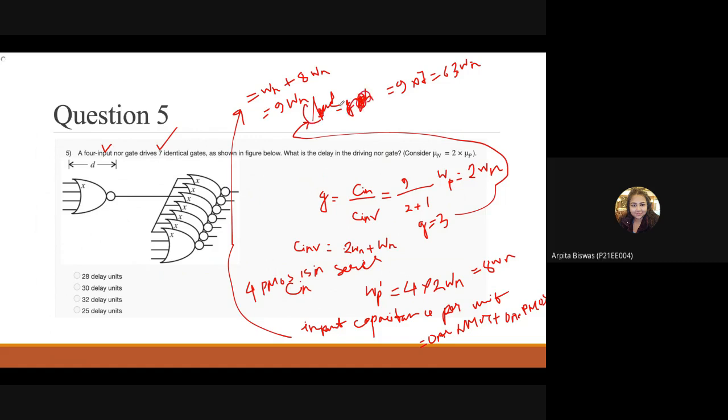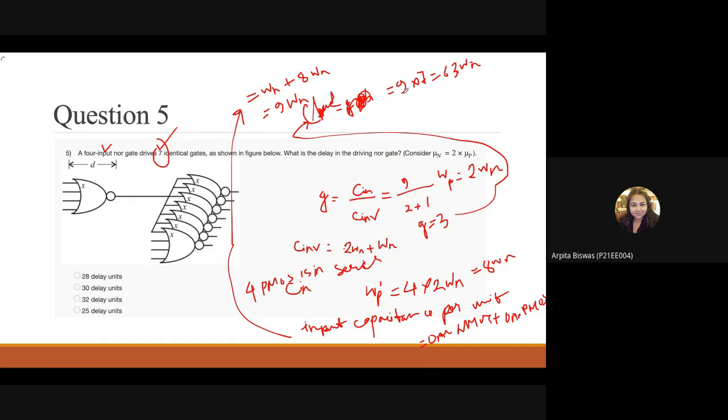The final value we have to find out is CL by C inverter. So C load equal to 9 into 7, because 9 we are getting from here, and this 7 is the gate drive of identical gates. So this is the load capacitance.